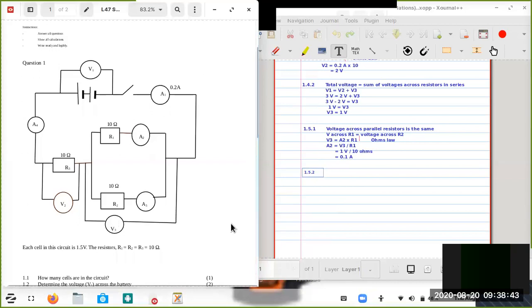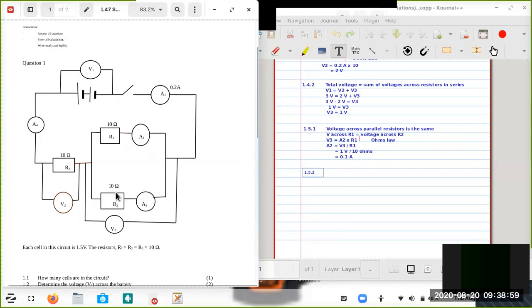So for us to find that current, remember, we are to use the same idea that we used in 1.5.1. To calculate the current here, we must know the voltage across R2 and we must know the resistance.